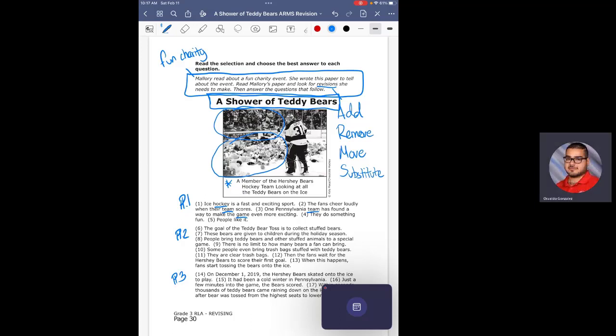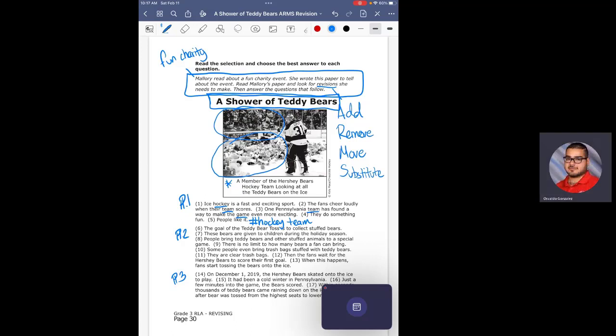Or that has found a new way to make the game more exciting, and people like it. So here I'm just going to put hashtag hockey team. And I'm going to do a think aloud question right here. I'm going to ask, well, what does this hockey team do to make the game even more exciting?